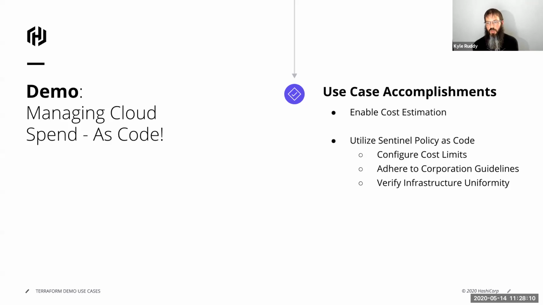Then we started to apply some policy as code to those configuration runs so that we can plan for things such as modifying cost limitations, making sure that people don't spend too much, making sure that we're applying to corporation guidelines, making sure that nobody's trying to apply things on a Friday or during the weekend. And then lastly, making sure that our development environments are all the same, making sure that our production environments are really all the same.